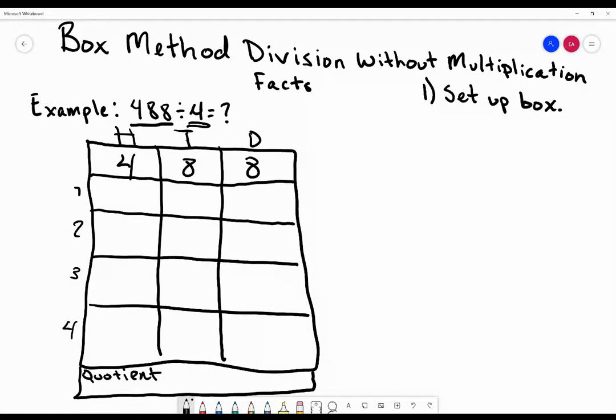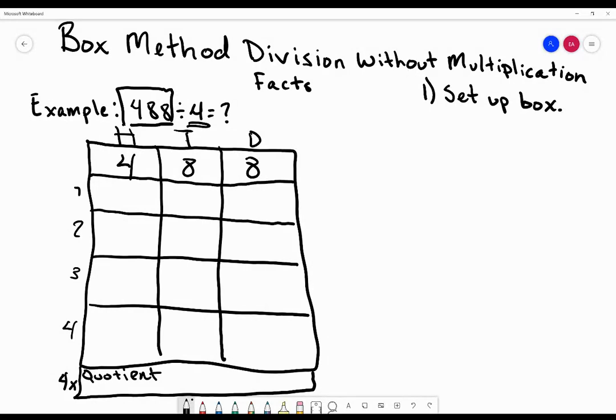Since we are dividing by 4, in order to check our work, we would have to do 4, the divisor, times the answer, our quotient. And when we multiply those two numbers together, we should get an answer of 488.